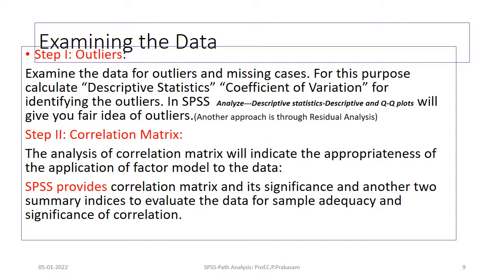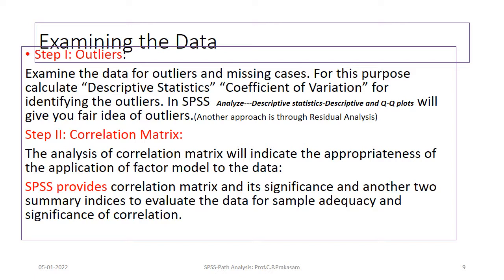In SPSS, you can go to Analyze, Descriptive Statistics, Descriptives, then you will get the mean, mode, median, skewness, kurtosis and other things. Accordingly, you can also have the histogram and identify whether outliers exist or not. And there are Q-Q plots, which will give you a fair idea about the outliers. But there is another approach through residual analysis, that is discussed later.